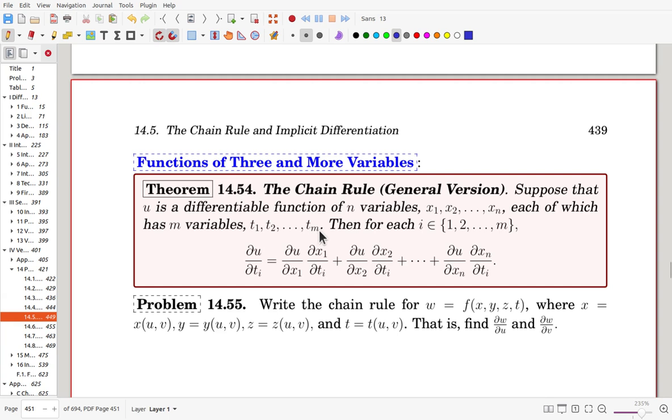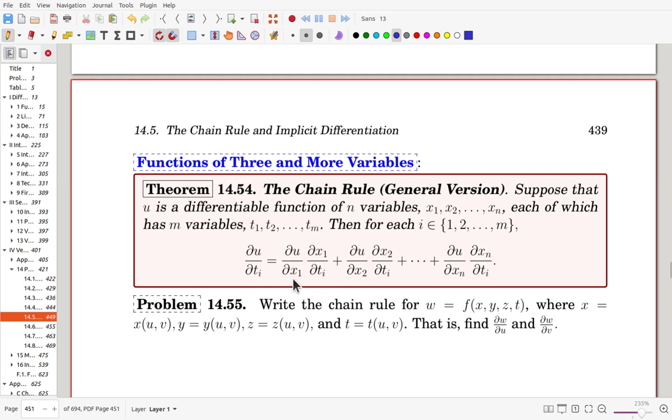Then, for example, in the ti direction, we can get the partial derivative. Of course, here the function u can be considered as a function of t1 to tm, so if we take a partial derivative in the ti direction, every xi is involved: u x1 derivative and x1 ti derivative, u x2 derivative and x2 ti derivative, and so on.